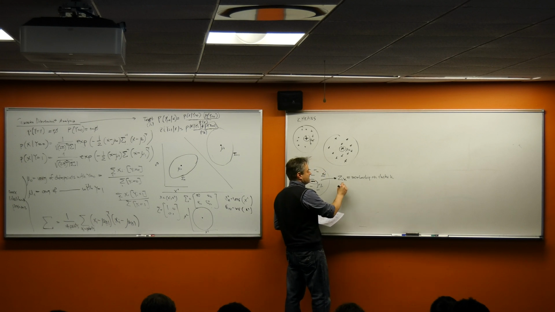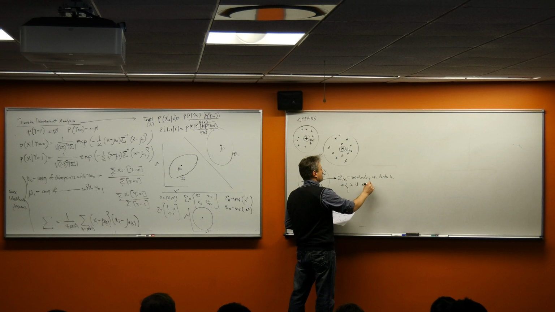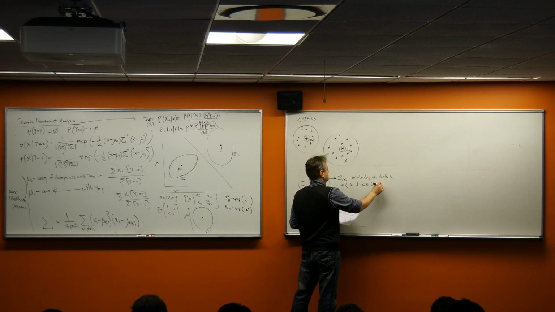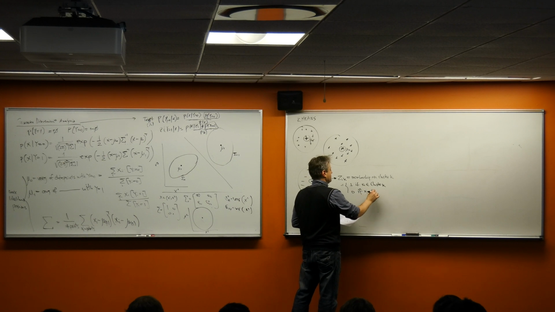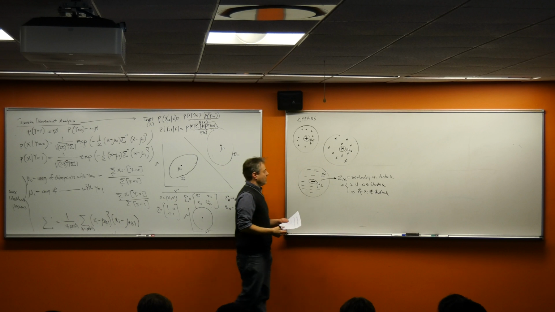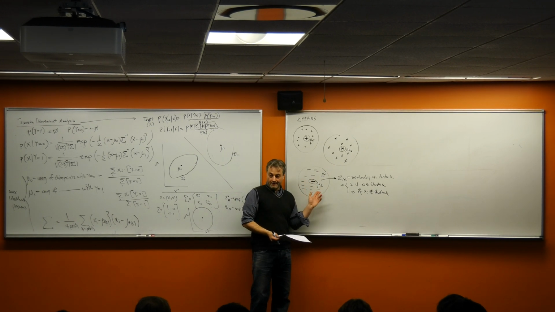In other words, this is 1 if xi belongs to cluster k, and 0 if xi does not belong to cluster k. So all these points in here are going to have zi3 equal 1, and zi1 and zi2 equal 0.